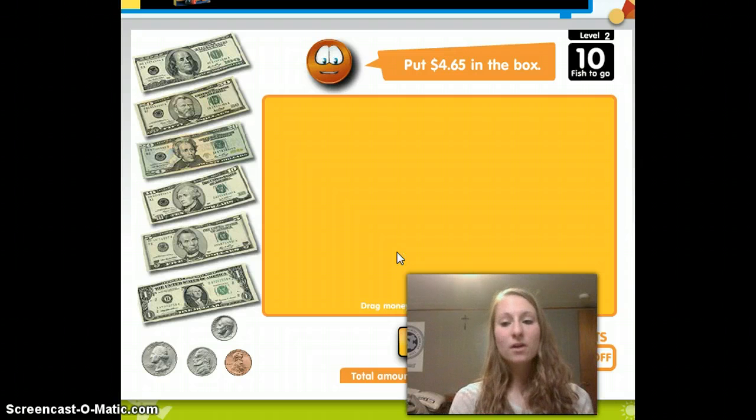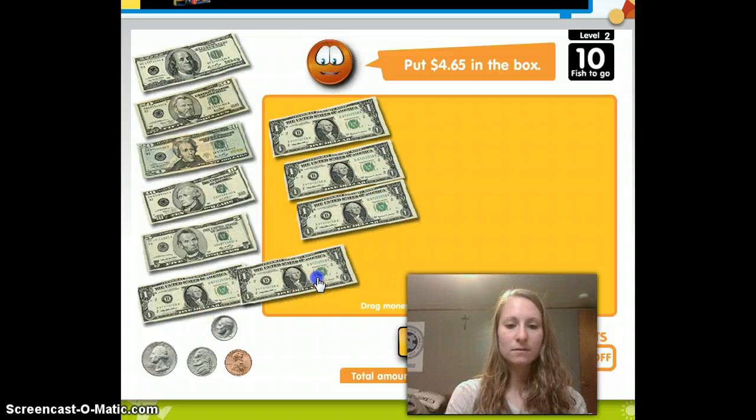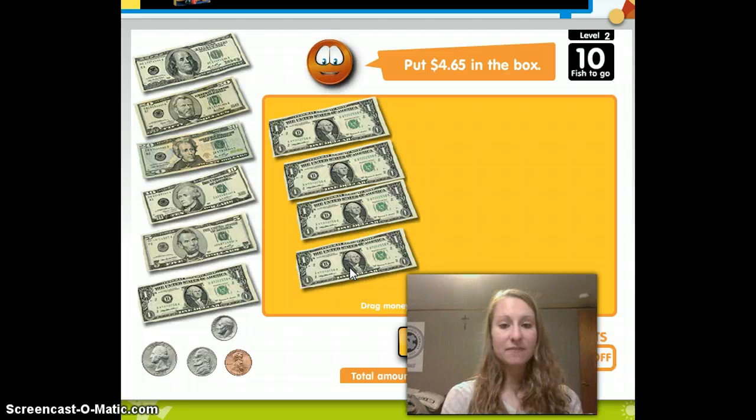Alright, they want $4.65. So, to do that, you would need 4 $1 bills, which are these right here. And then they want 65 cents.